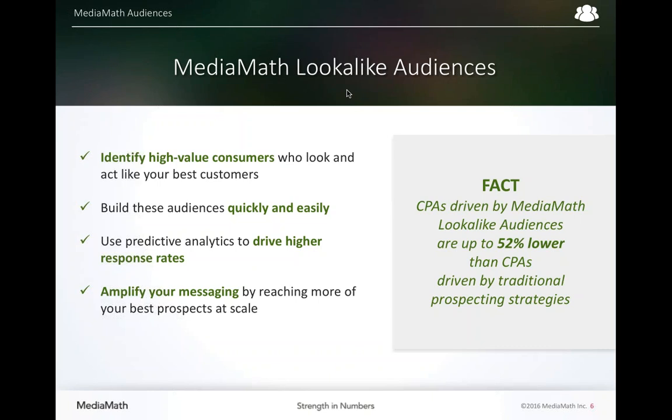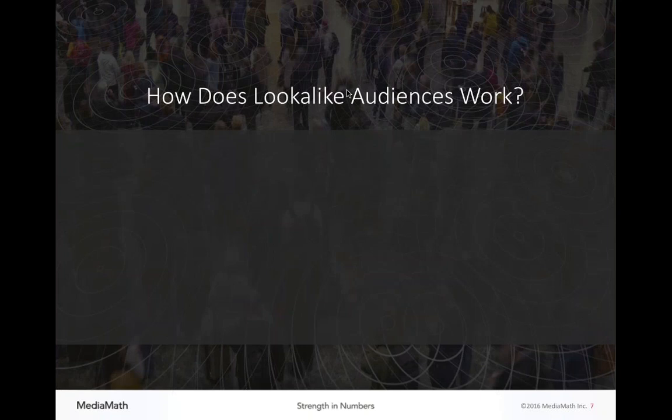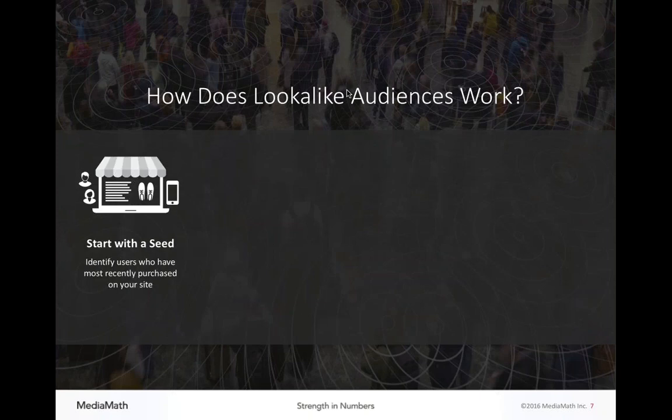We feel there's a lot of opportunity to help bring down response rates and be able to prospect more cost effectively. So really quick, just digging into what the lookalikes look like behind the scenes and what we're doing. One is we start with a seed, and I'll show you how to apply a seed here in the application in a minute. But the first one is, this is the seed. You're helping us identify from your site users that have done something that you want to find more of.